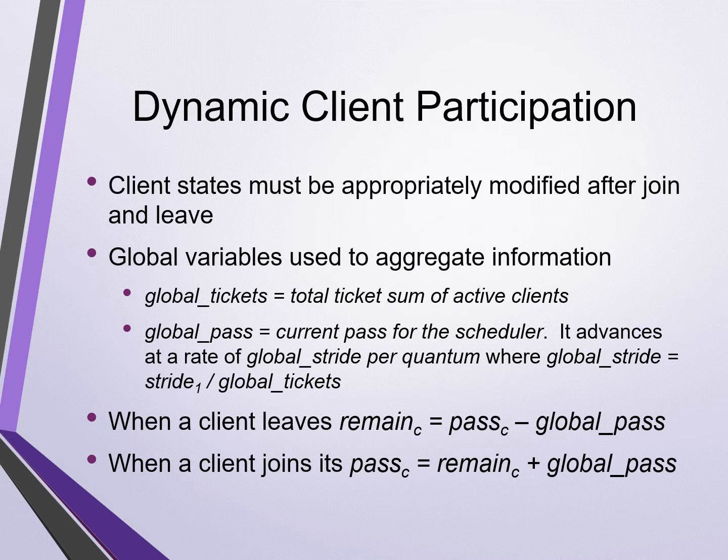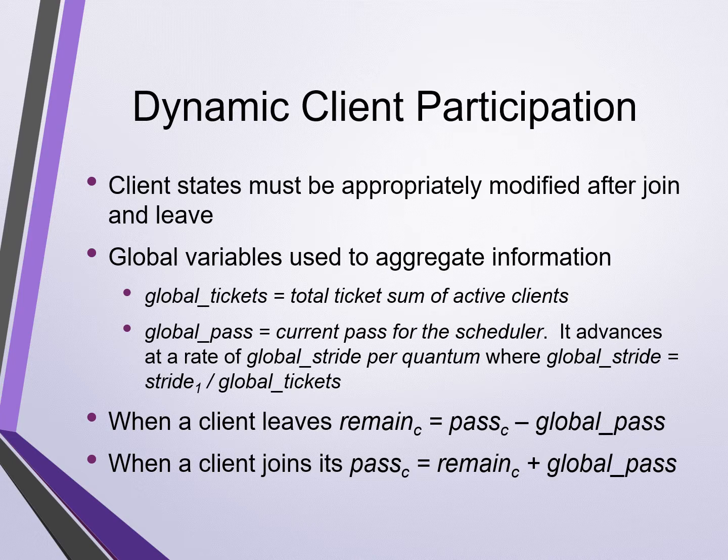And the global pass advances at the rate of global stride per quantum, where global stride is equal to stride_1 over global tickets. In our example, a stride_1 of 6 over 3 plus 2 plus 1 tickets gives us a global stride of 1. The global pass advances at this rate.